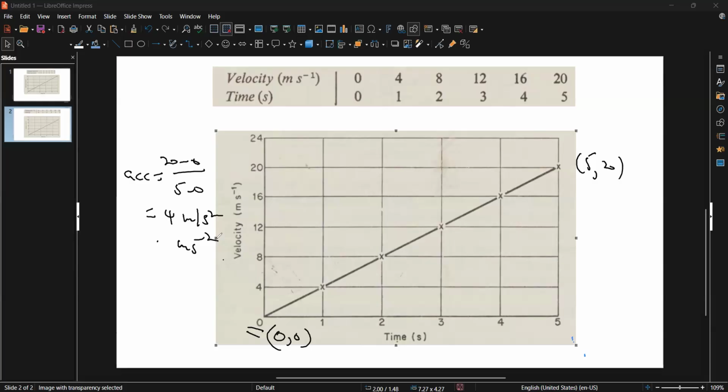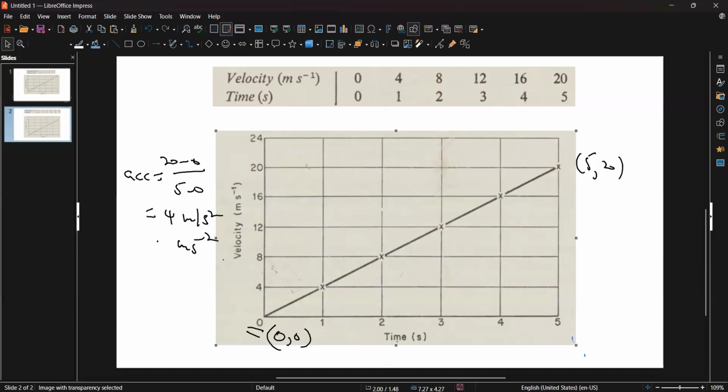I like that, right? Good. So let's say you want to know the distance traveled by this body. How do you figure that out? The total area.